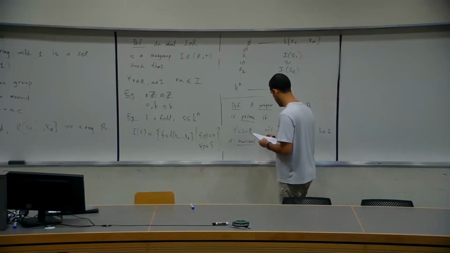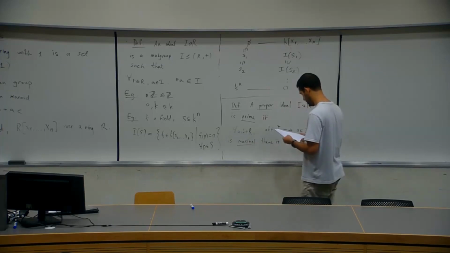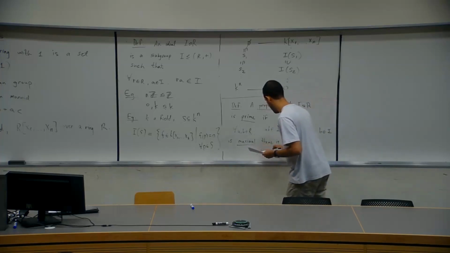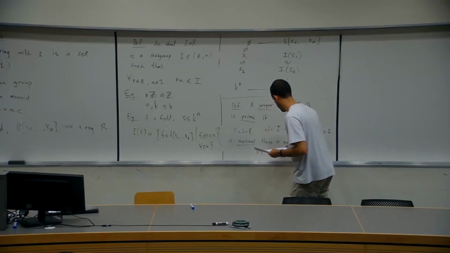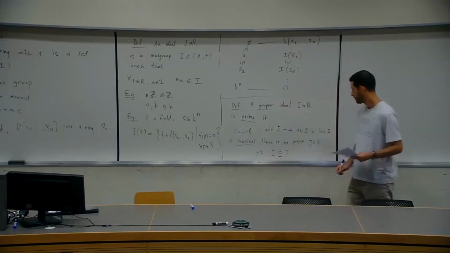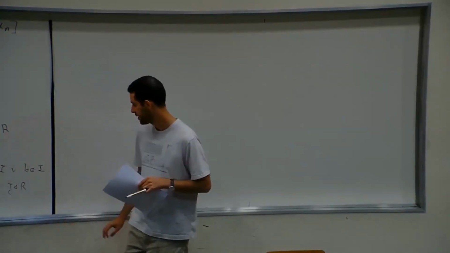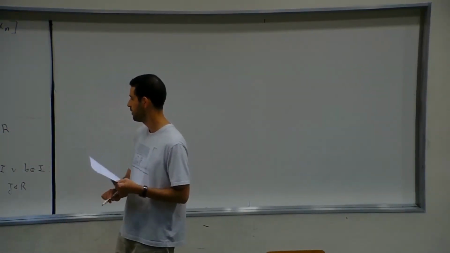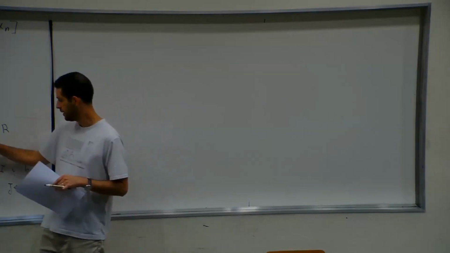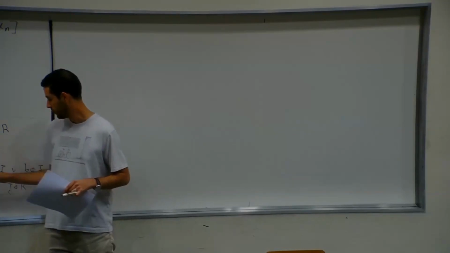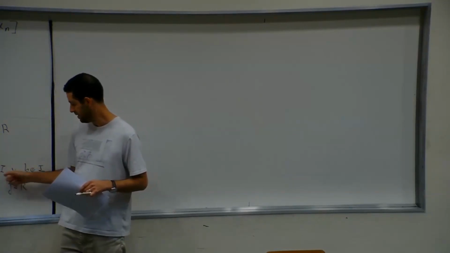So if there is no proper J such that J strictly contains I. That is not R. So an ideal is prime if whenever it contains a product, then one of the factors must already be inside it.